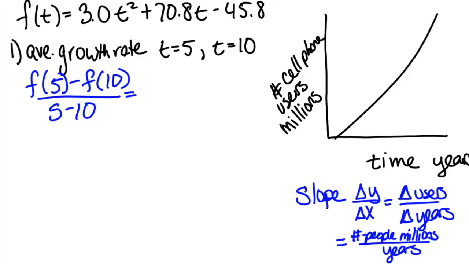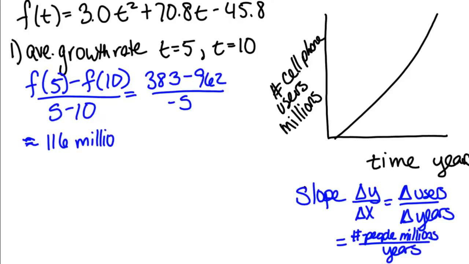So let's see, f of 5 is 383. f of 10 is 962. And this is over 5 minus 10, which is negative 5. So we get about 116 million users per year is our average growth rate.